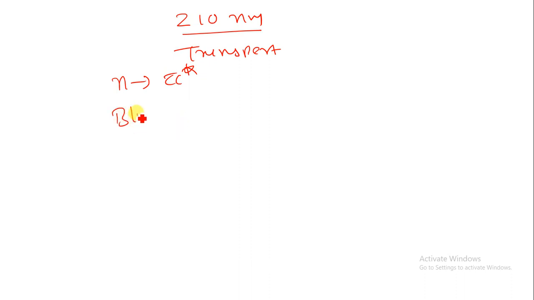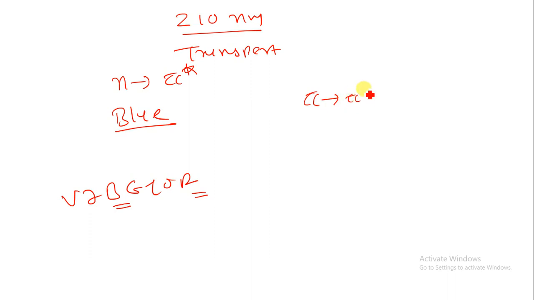As we know from the VIBGYOR, red has the maximum wavelength and blue has the minimum. So an n to pi star transition undergoes a blue shift, while a pi to pi star transition undergoes a red shift. Remember, when we have a blue shift, it is an n to pi star transition, and when we have a pi to pi star transition, it means a red shift.